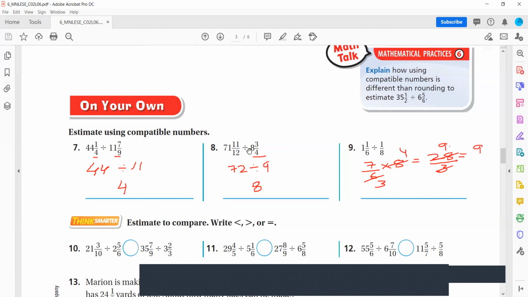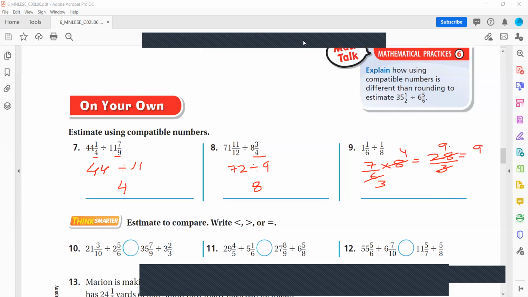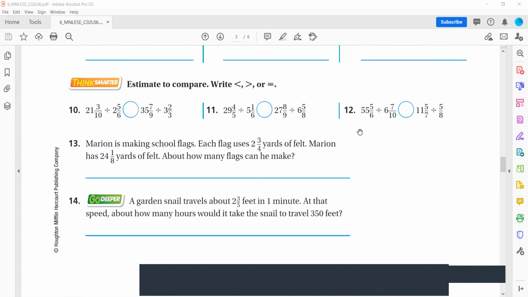Okay, now let us solve this one. Let me solve this one now.